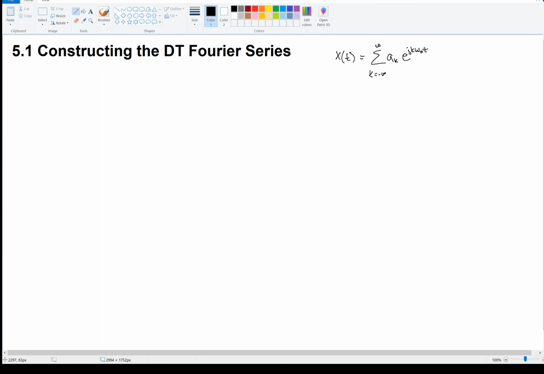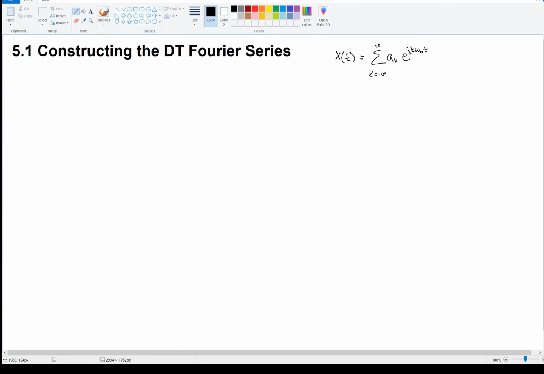And so we add up all of these oscillations with some certain recipe, right? The a_ks, which give the magnitude and the phase of the harmonics. We add them all up and out pops our periodic signal, a square, a rectangle, a triangle, whatever. So we wish to do something similar in discrete time.